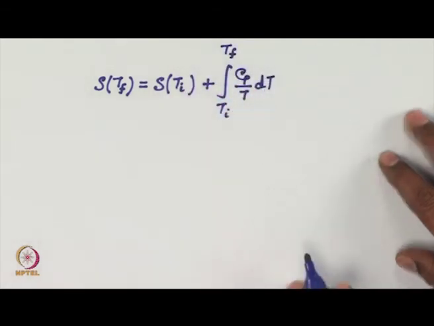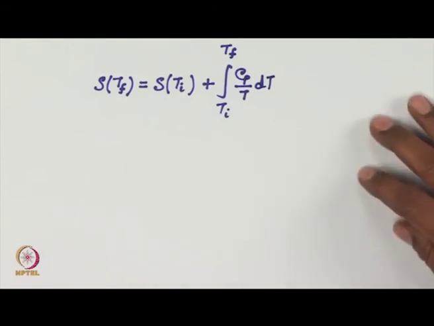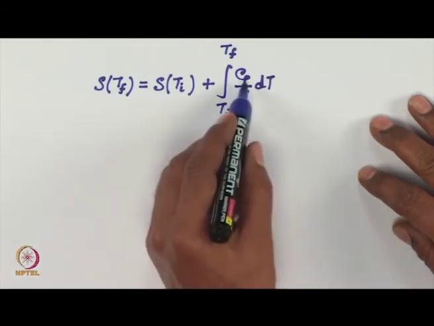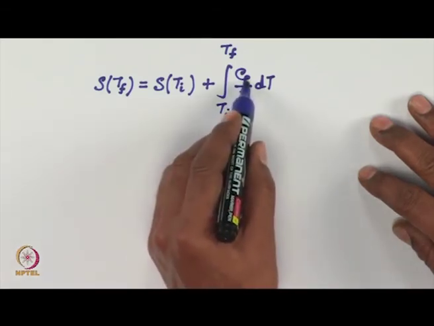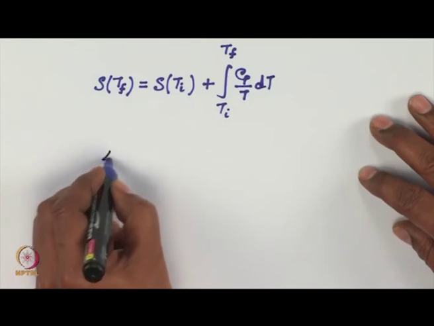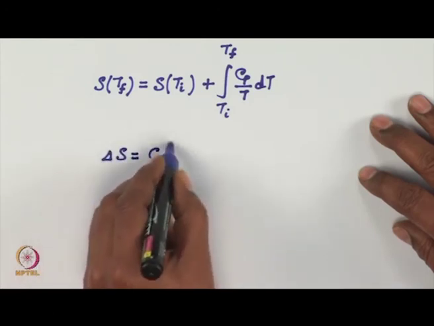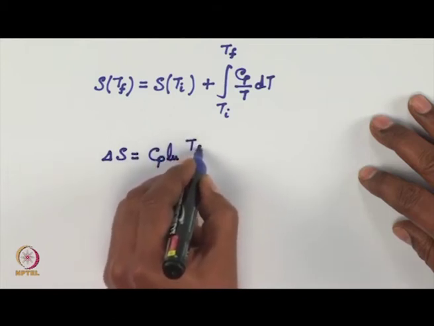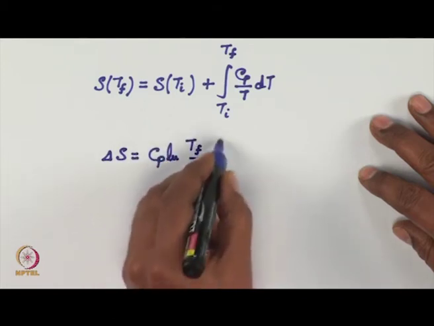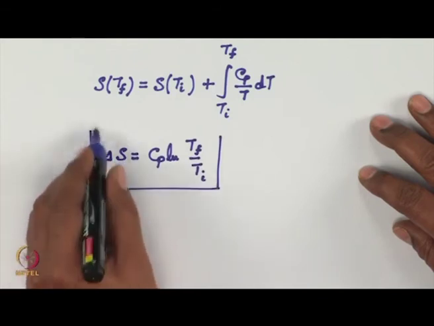This is the equation that I will use. And if heat capacity is independent of temperature, then I can write delta S is equal to Cp log T final over T initial. This is the expression that I can use.